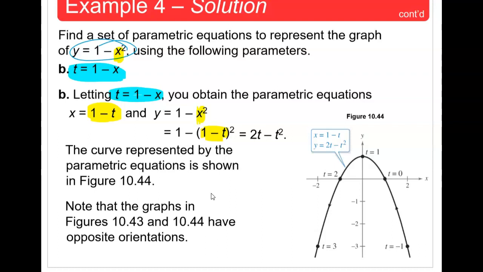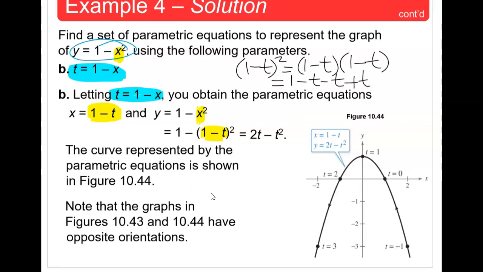And with that, you need to be careful because 1 minus t squared means 1 minus t times 1 minus t. And that is equal to 1 minus 2t plus t squared.